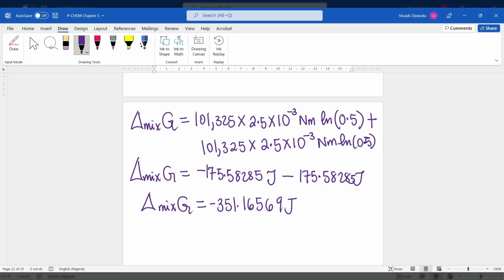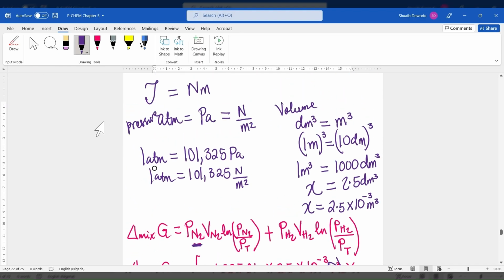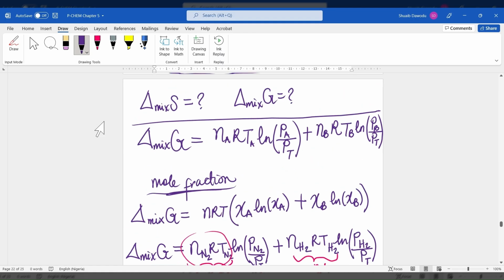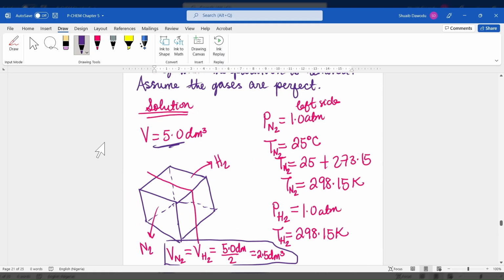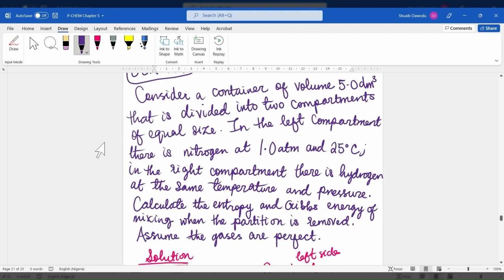We already know that we have to put our work in the proper number of significant figures. To do that, you have to look at our work and see what is the lowest number of sig figs. The lowest number of sig figs in our work, as we can see, is 3 sig figs. Sorry, it's 2 sig figs, right? We've got 5.0 in 2 sig figs and 1.0 in 2 sig figs.